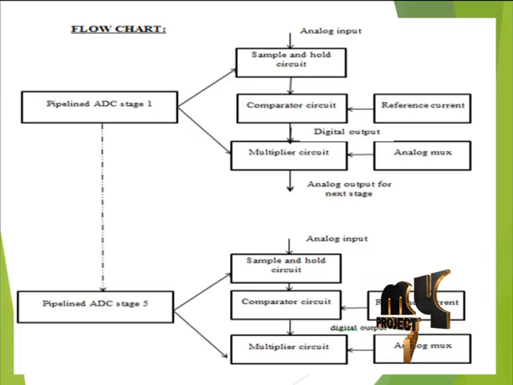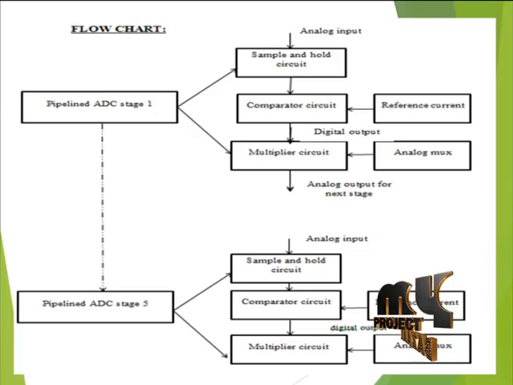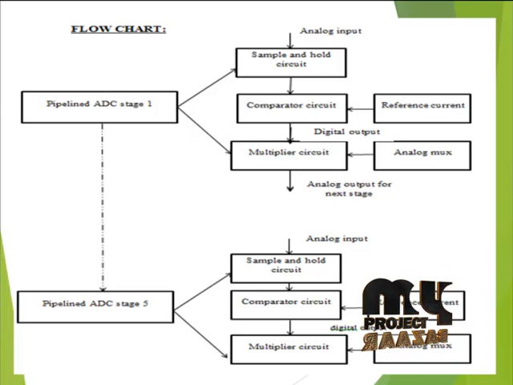We take the 11-bit analog input and give it to the sample and hold circuit. In this process, a transmission gate based design acts as the sample and hold circuit. The gate is made up of a parallel connection of an NMOS and a PMOS.